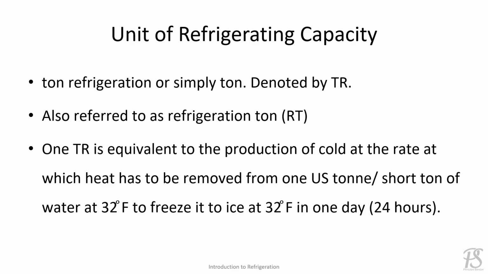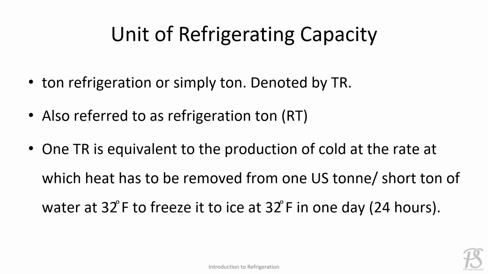The most commonly used unit of refrigeration since long has been the ton of refrigeration, also called ton, denoted by TR. This is also sometimes referred to as refrigeration ton. This ton of refrigeration does not convey the mass of the refrigerating plant, but is a measure of its refrigerating capacity.